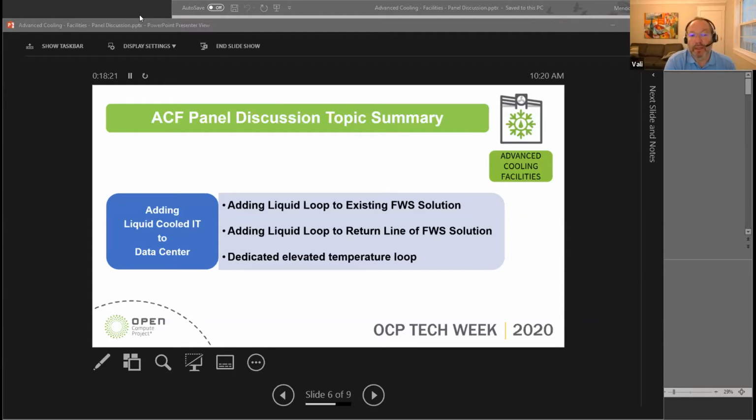Sure. So as there are classes of temperature, A1 through A4 relating to temperature of air entering a piece of IT equipment, ASHRAE has also created the liquid temperature classification system to serve as rules of thumb or guidelines.